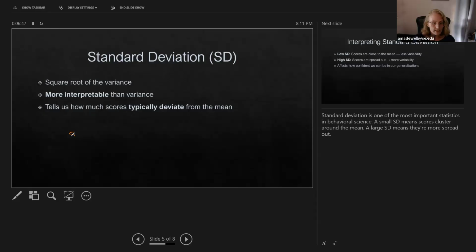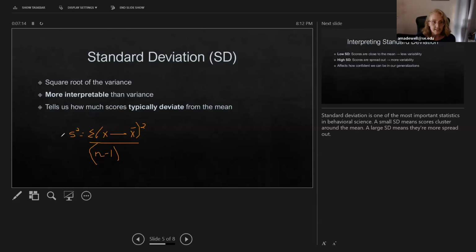If we take our s squared equals the sum of x minus x bar, that's a very large minus, squared, divided by n minus 1, this is called our variance. That's from the previous slide.